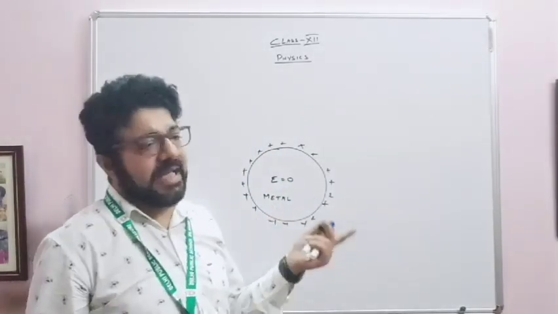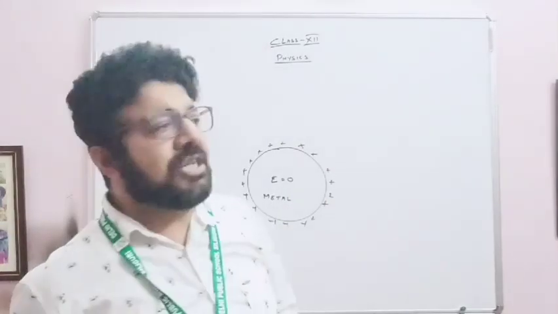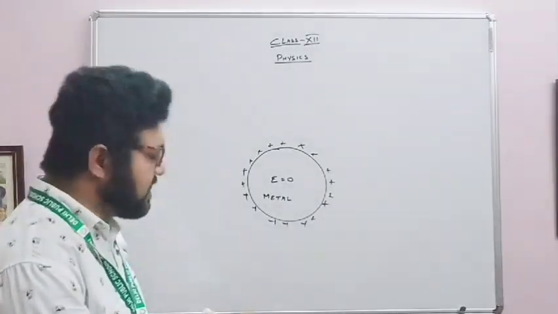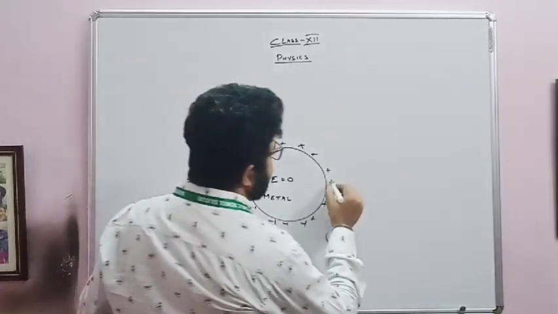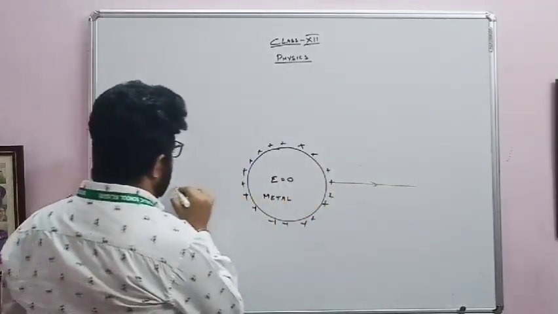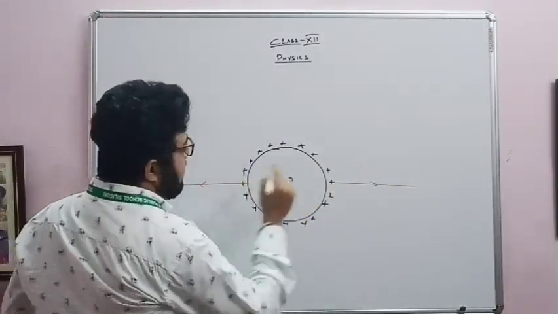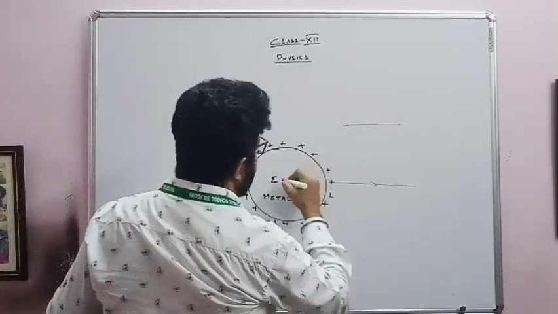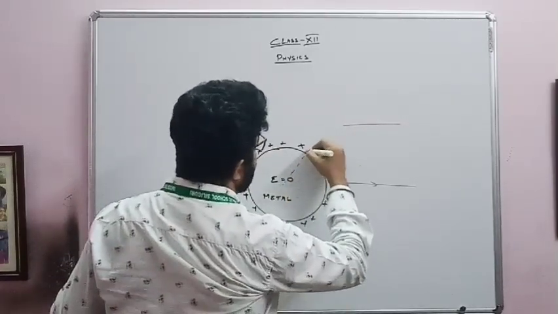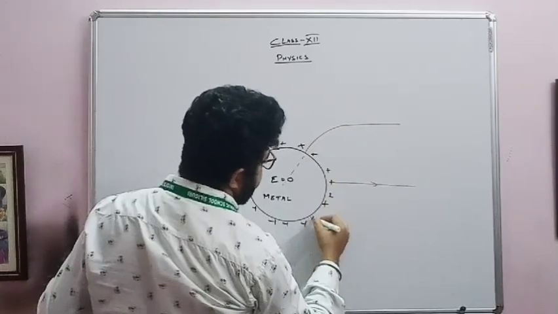Electric lines enter or leave normal to the surface, and that normal to the surface is very, very important. That means suppose we can show it like this. Now for here, this is the center, so how will it look? It looks like a curve.